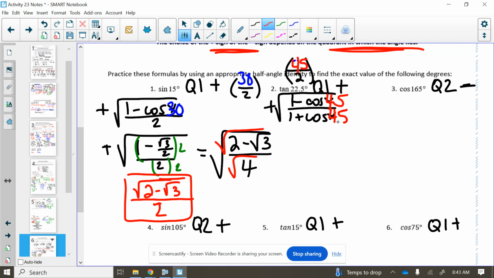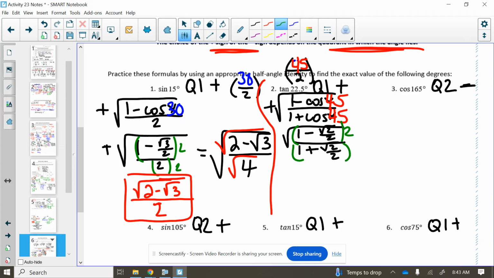Again, 45 is a value from the unit circle that we know, so we can use that cosine value of square root of 2 over 2. And then 1 plus square root of 2 over 2. Similar to the previous example, to get rid of that division by 2, everything can get multiplied by a 2, and we end up with the square root of 2 minus root 2 over 2 plus root 2. Sometimes you will see this as your simplified answer, and that's as simplified as it's going to get, and you would just be done.